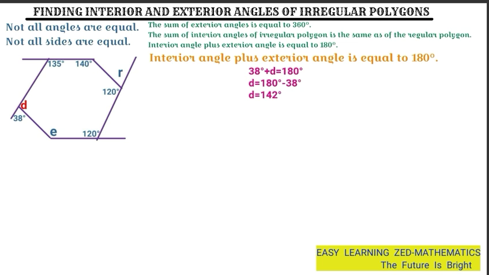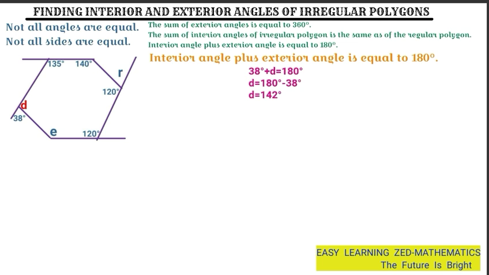So pause the video again. Write the property you're going to use to find angle E, and also find the value of angle E. I'll take it that you have found the angle and stated the property.